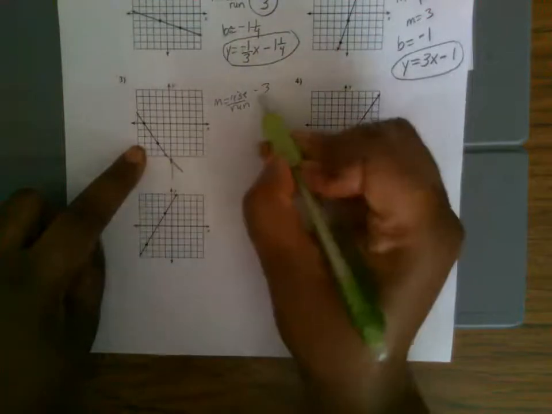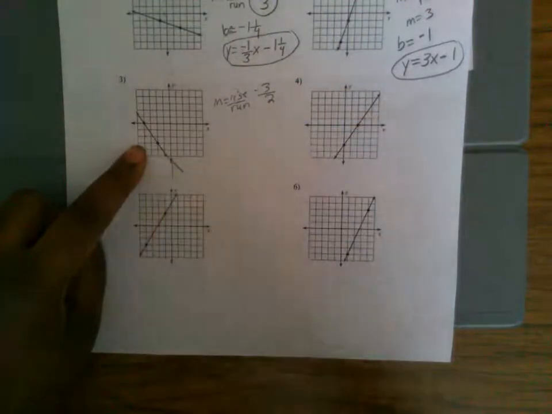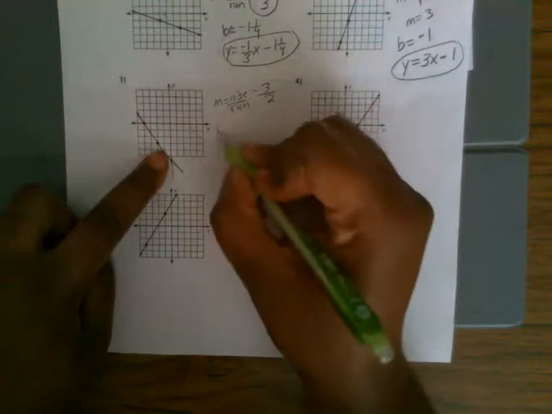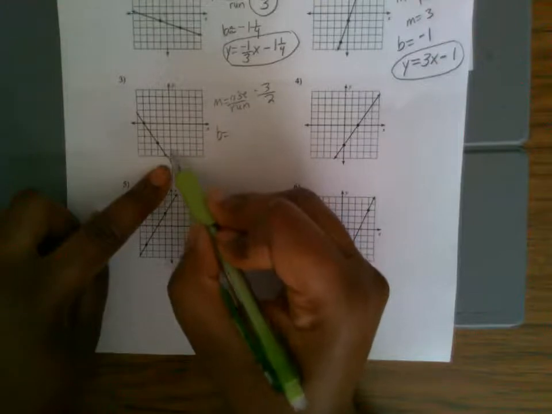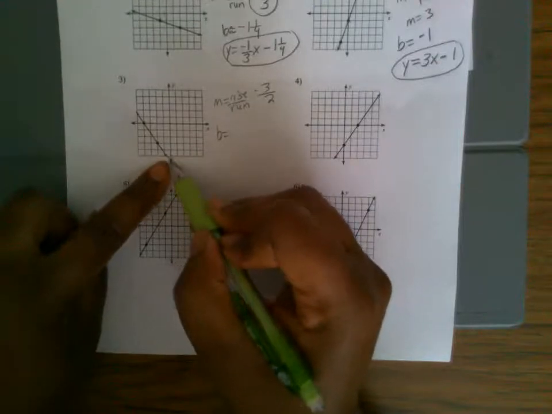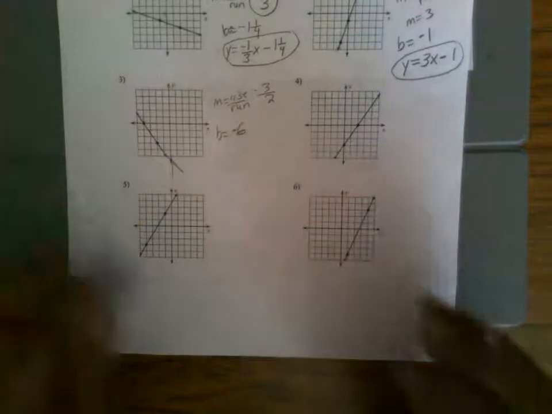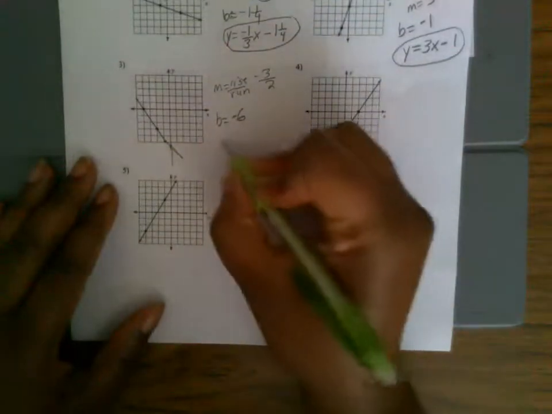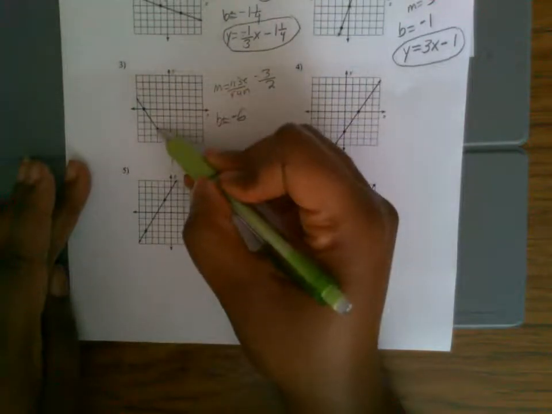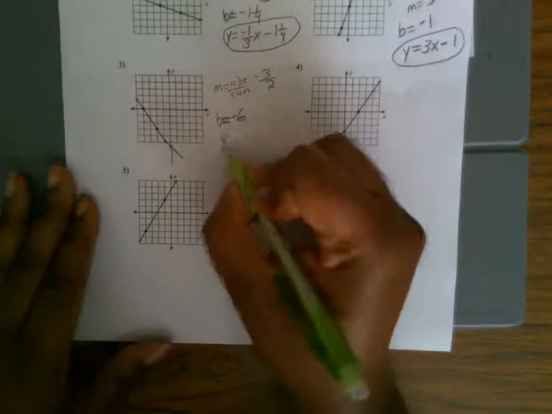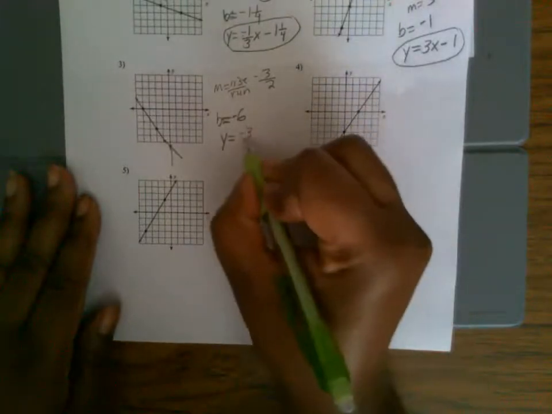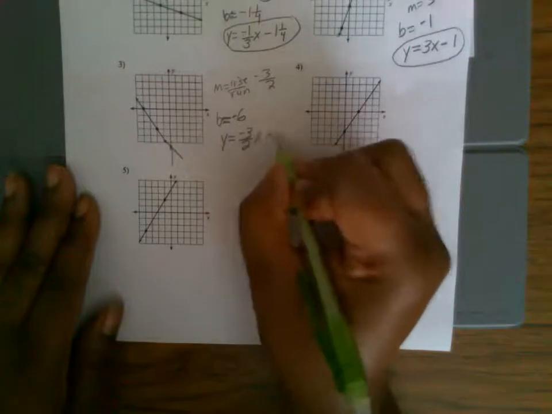And +2 on the bottom because you're going to the right 2 times. Your b crosses at about -6, and I'll put squiggly lines because we're not sure. I could count my rise over run: I went down 1, 2, 3, then 1, 2. So yeah, it's exactly at -6. So we get y equals -3 over 2 x minus 6.